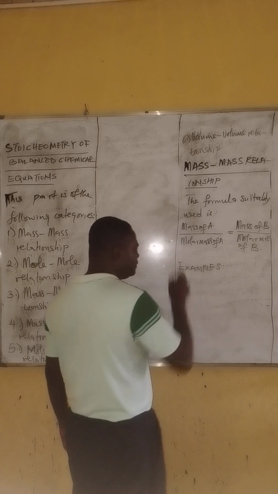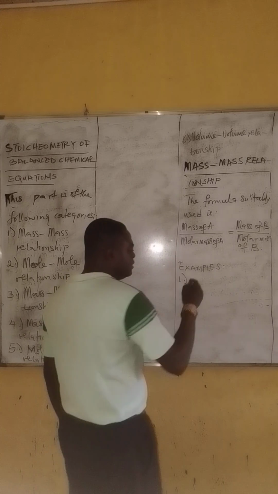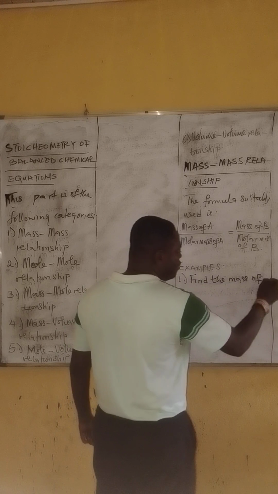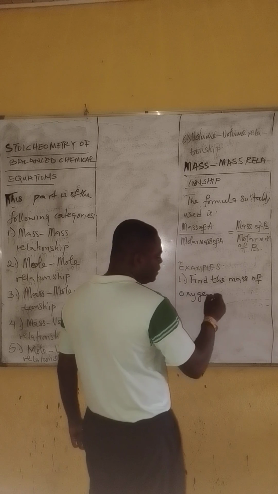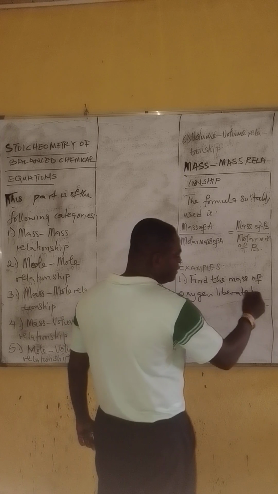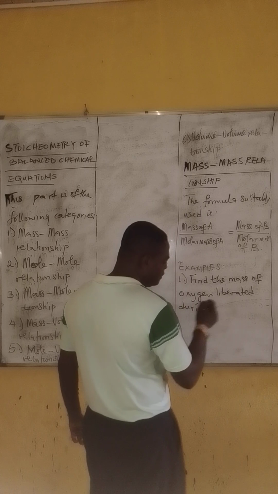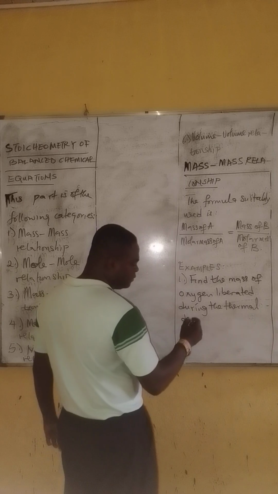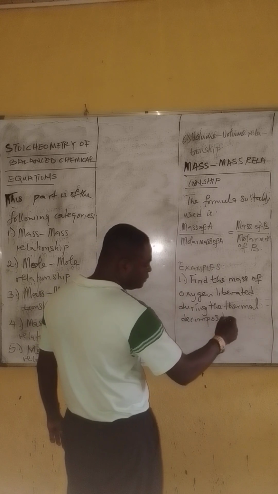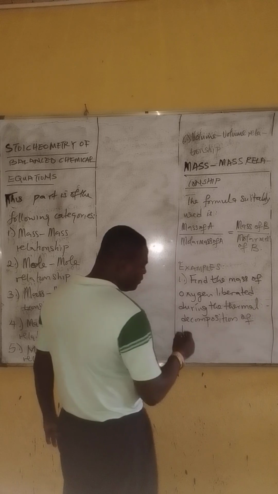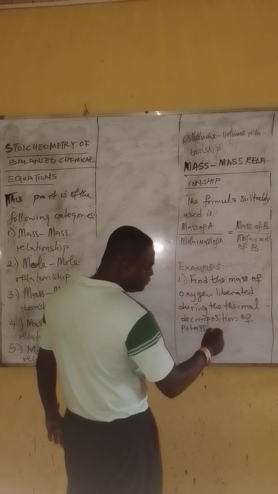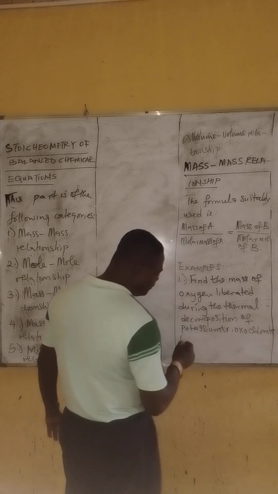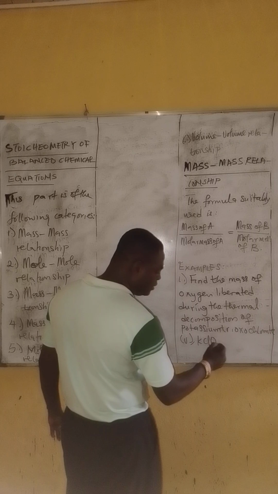Example number 1. You can be asked to find the mass of oxygen liberated during the thermal decomposition of potassium trioxochlorate(V), which is KClO3.